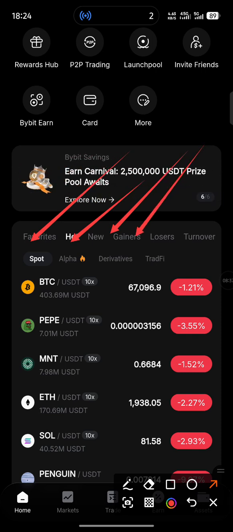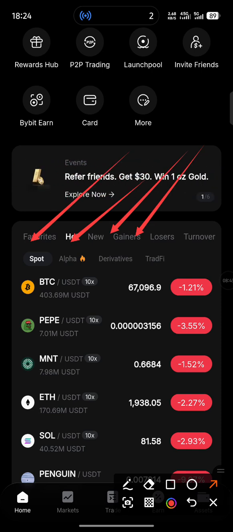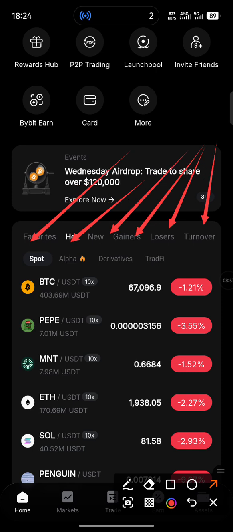This gainers will show you the coins that have been doing well in the past 24 hours. And this losers will show you the coins that have been losing in the past 24 hours. This turnover shows you the turnover of a particular coin in the past 24 hours.